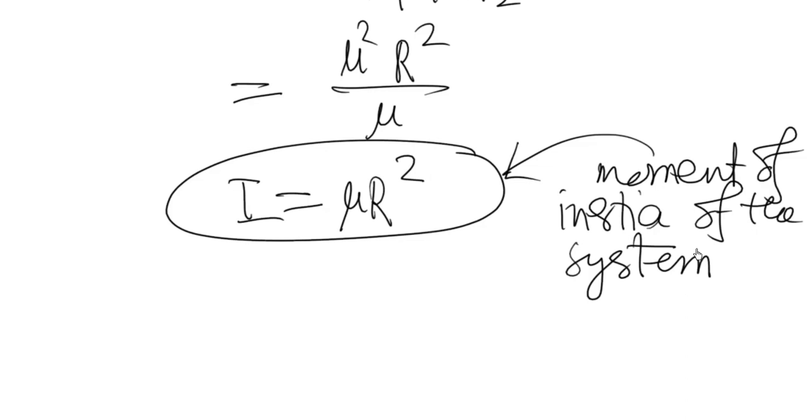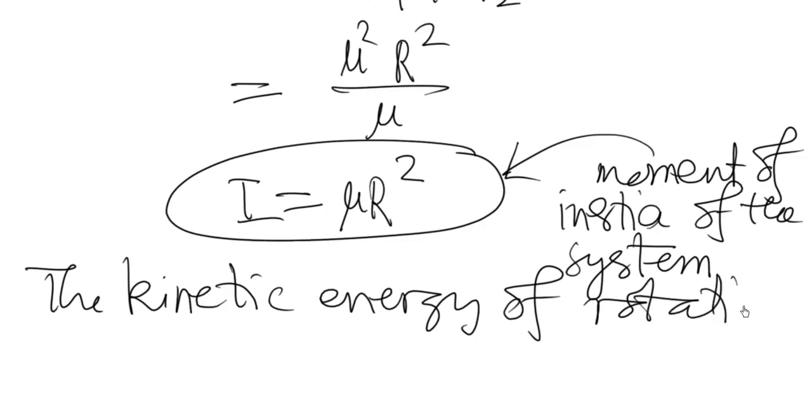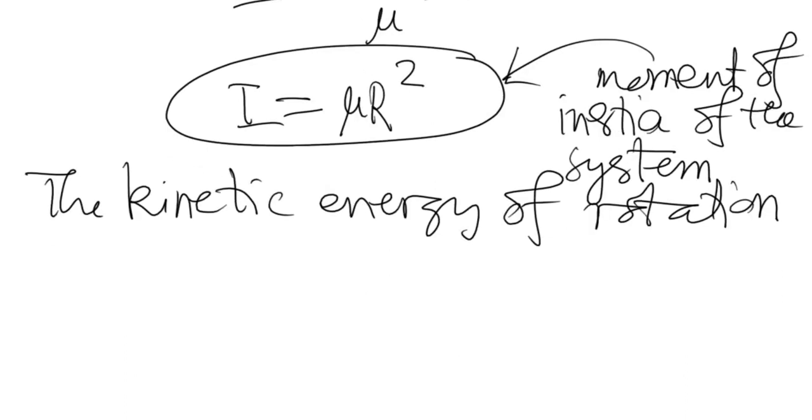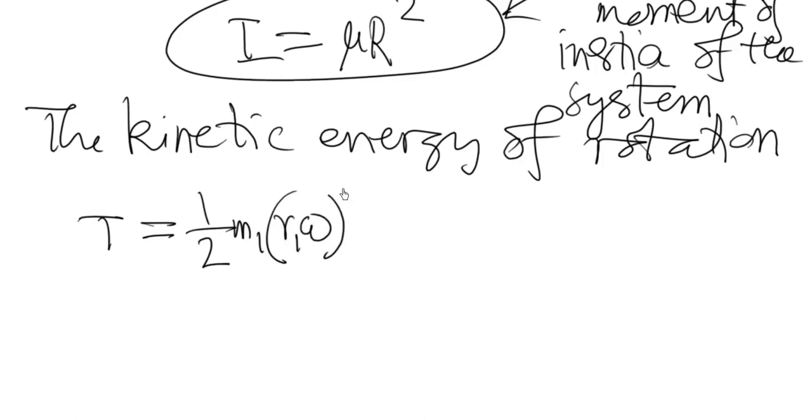Now the kinetic energy of rotation can be written as T equal to half m1 r1 omega square plus half m2 r2 omega whole square.